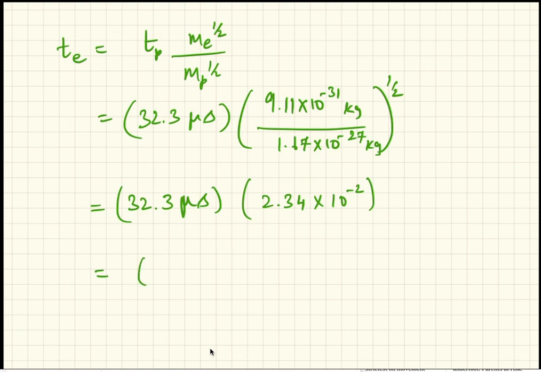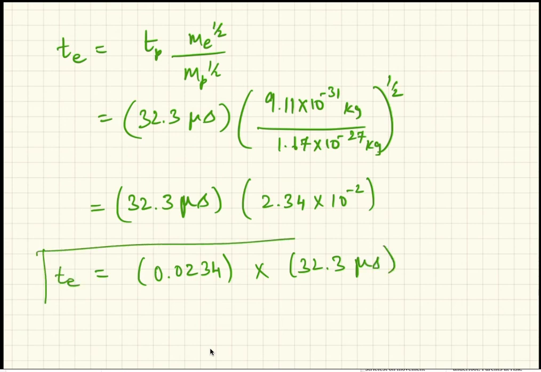Which is 0.0234 into 32.3 microseconds. So the electron takes 2.34% of the time that the proton takes. Okay, that finishes that problem.